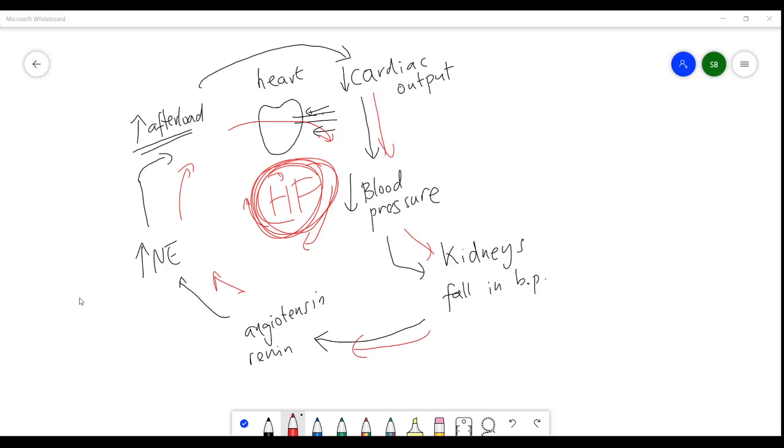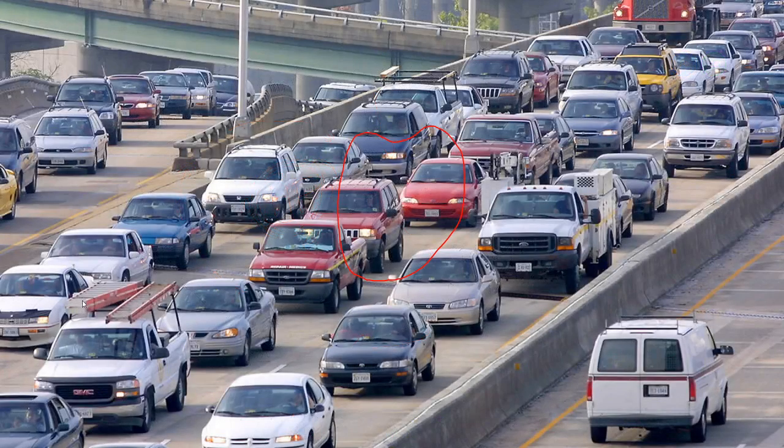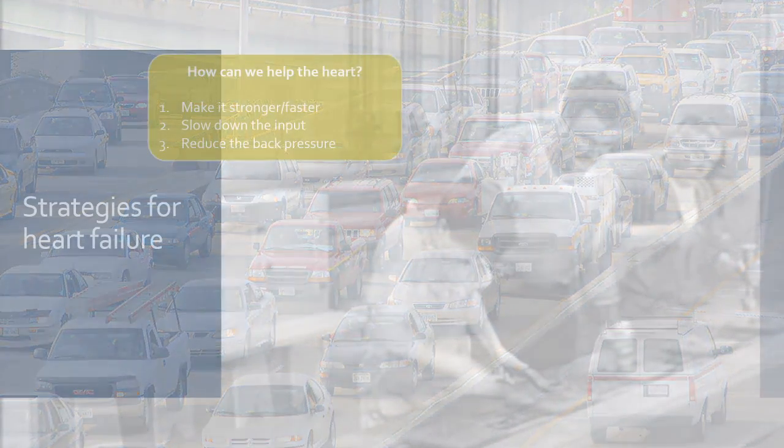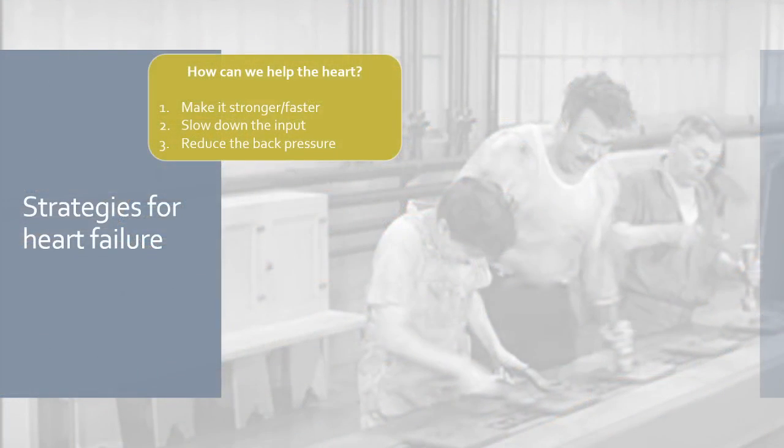So how can we stop this from happening? There are three ways in which you can control this. You can try to make the heart stronger. So that's making this worker here just work a little bit faster, give them a bit more energy.